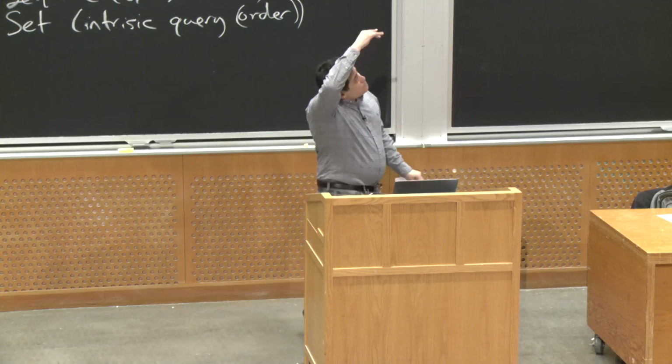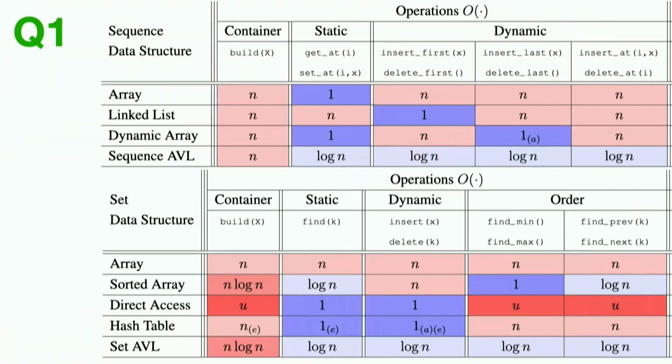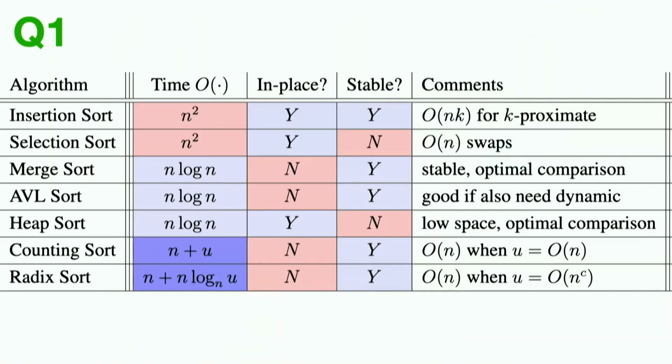But then we used most of these data structures to get faster sorting algorithms in different contexts, right? Basically, everything on this list involved making a data structure and exploiting that data structure to get a better running time, all except for merge sort, really.